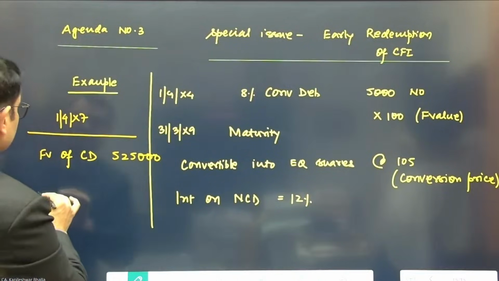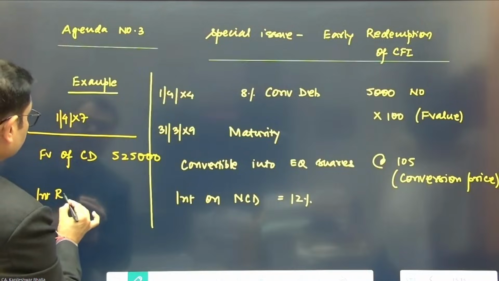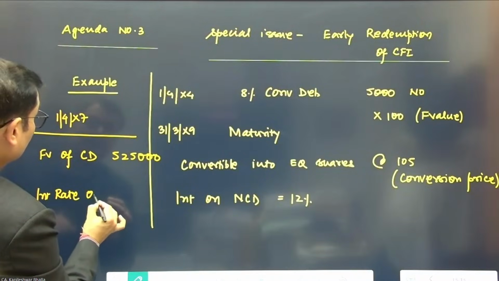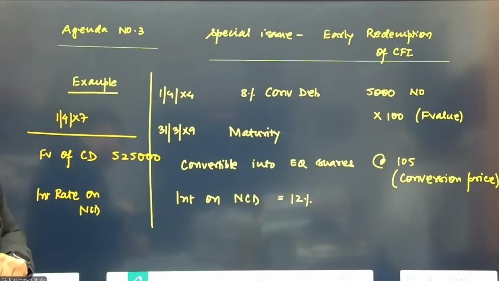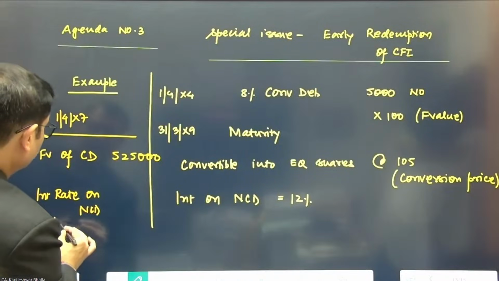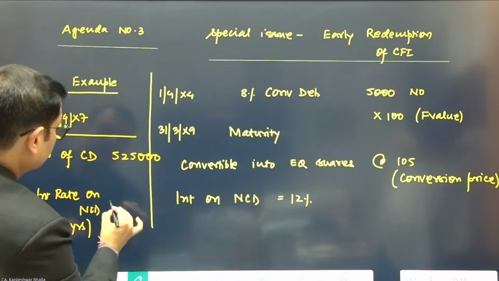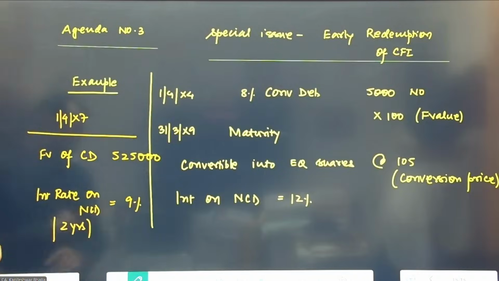I'm also given the interest rate on non-convertible debentures at this date, which is for a period of 2 years, and that is, let's say, 9%. Okay, that's the data.